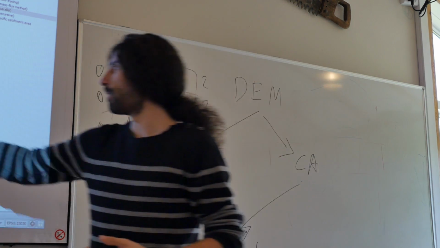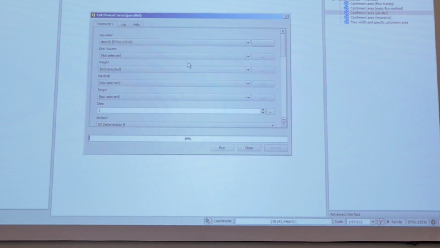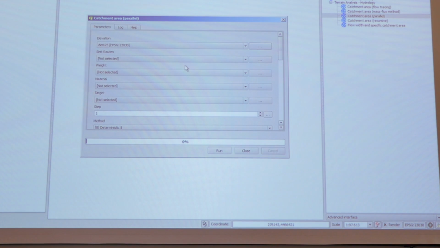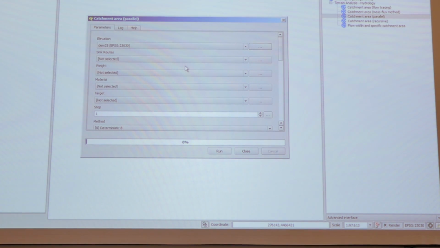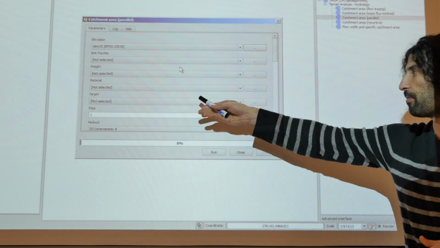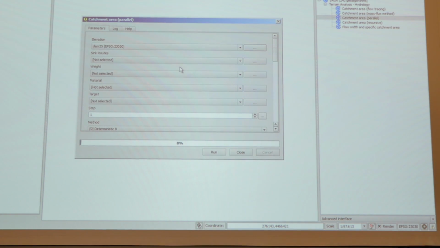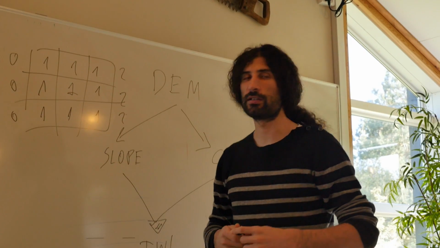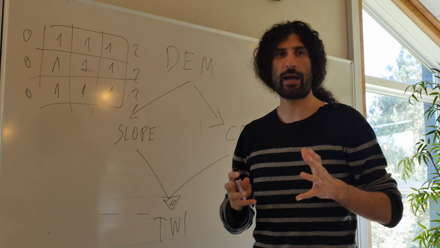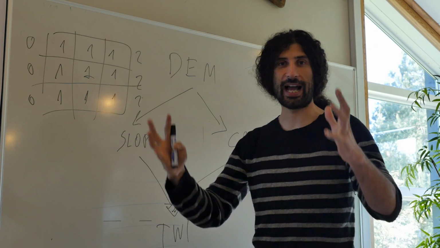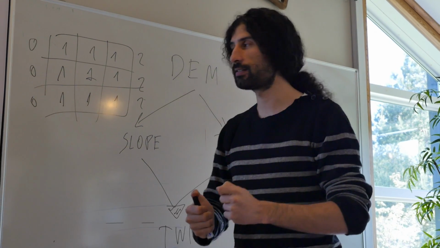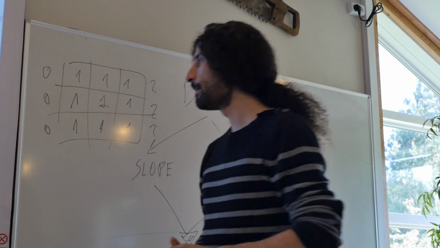And I can use this weight thing. That's an additional thing that I'm not going to use at all. So I leave it as not selected. The same with the material and target. Those are extra parameters that I can use to get a more realistic simulation of my catchment area. But I'm only interested in knowing the area, actually, how many pixels, just the count of the pixels that arrive where I am, right?